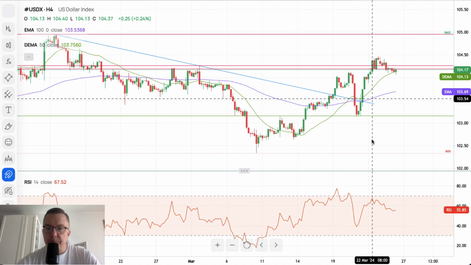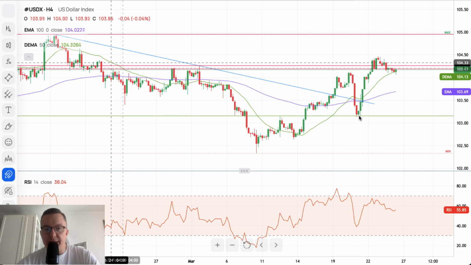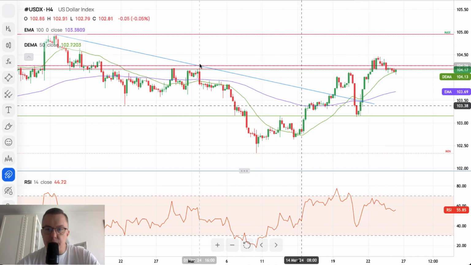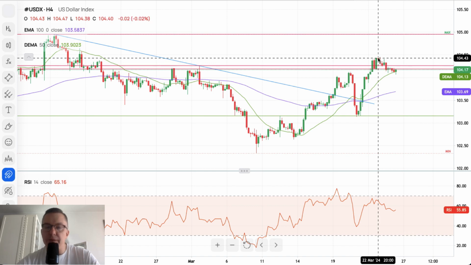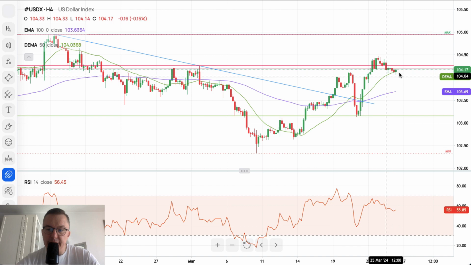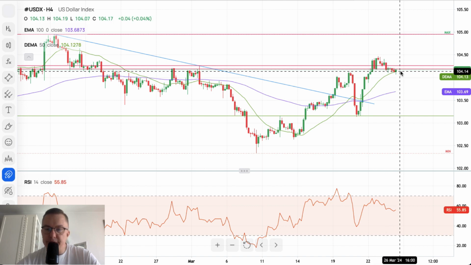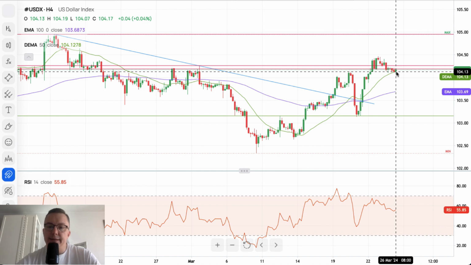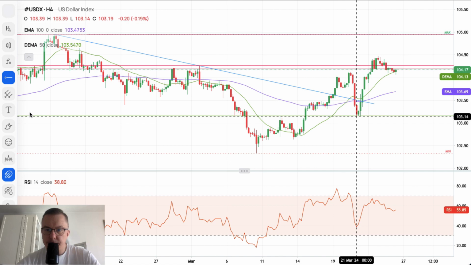Since then we have a breakout above the blue trend line, and we went up to make a local high at 104.38. Now we are consolidating around the 50 periods moving average, 104.13. The market doesn't actually want to move any higher for now, as it consolidates the recent gains.